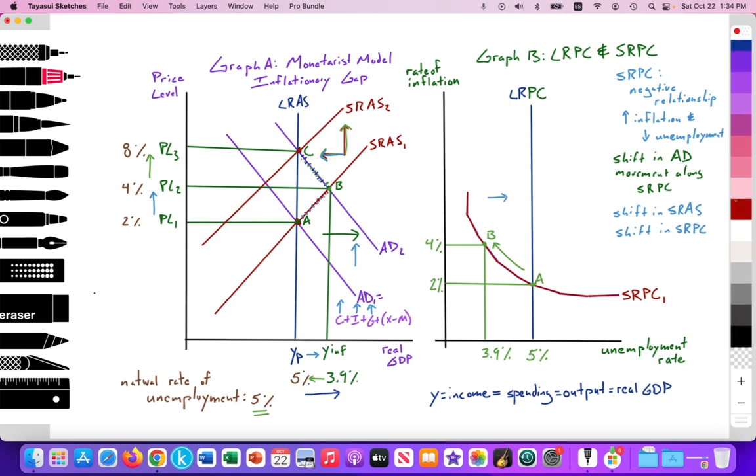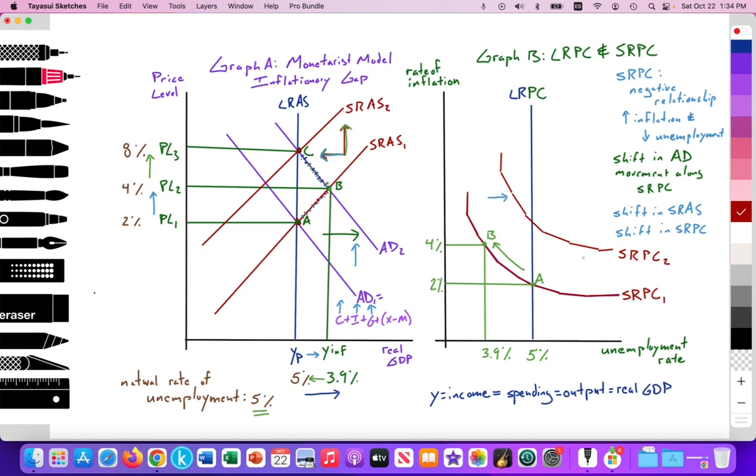So here we have a shift in the short-run Phillips curve. It's going to go from SRPC1 to SRPC2, something like this. Okay, approximately. Here we have short-run Phillips curve 2.